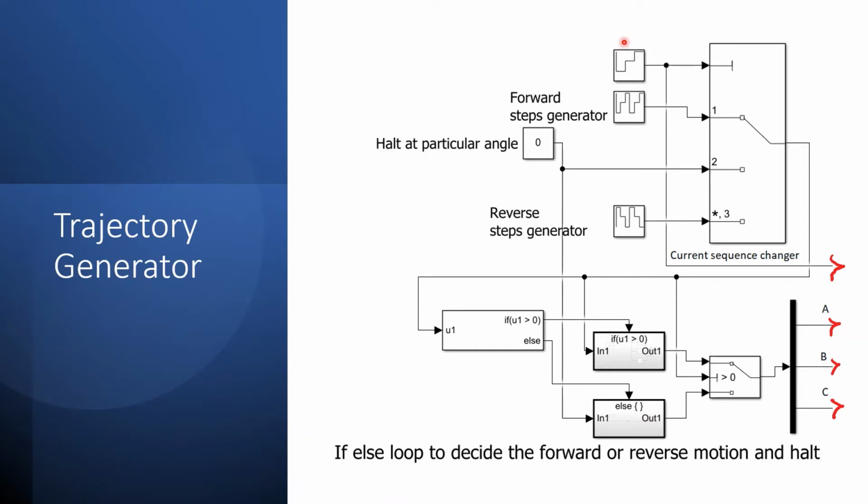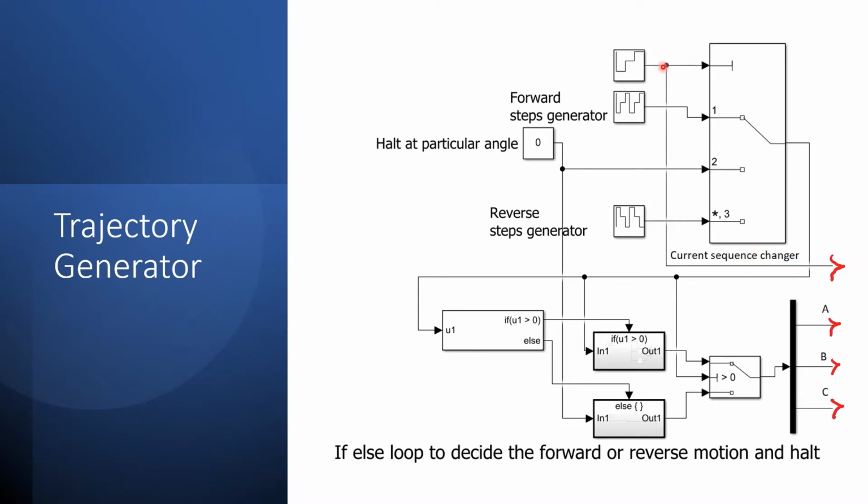This is a part of the simulation diagram. The arrow goes towards the current sequence changer. When we run the motor in forward direction, we have to select the current, measure the current and control the current in one sequence. And when we run the same motor in the reverse direction, we should change the sequence.